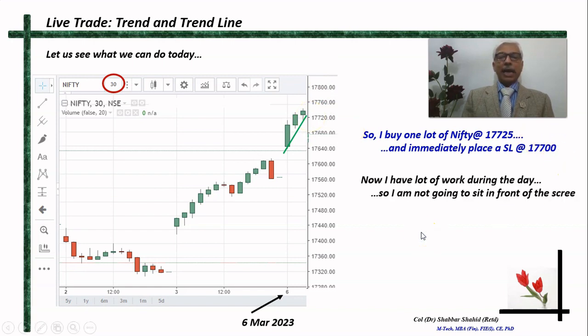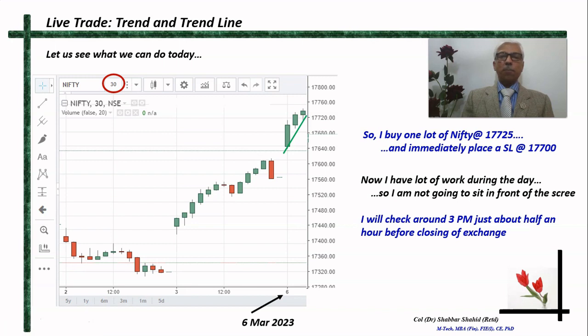Okay. And now I have got a lot of work during the day. So I'm not in a position to sit in front of the screen and monitor it. But I have placed a stop loss, so I'm not worried. Now I will come back after doing my work around 3 p.m. I will come back just about half an hour before closing of the exchange, and I will see what it is.